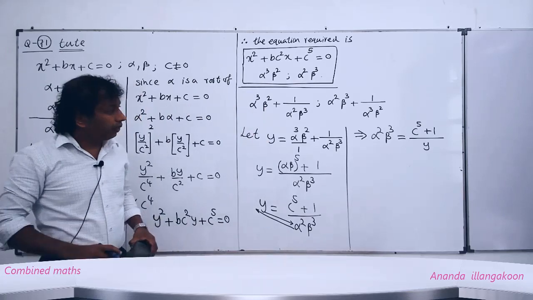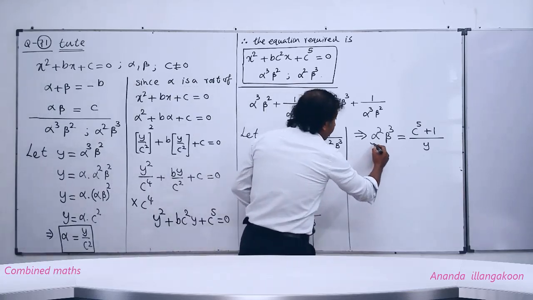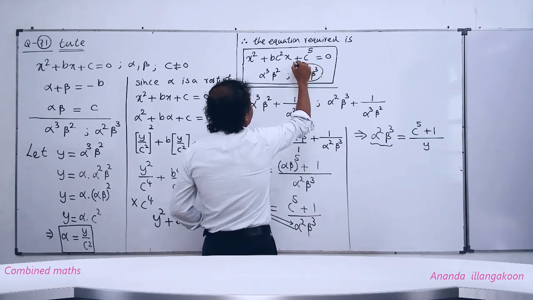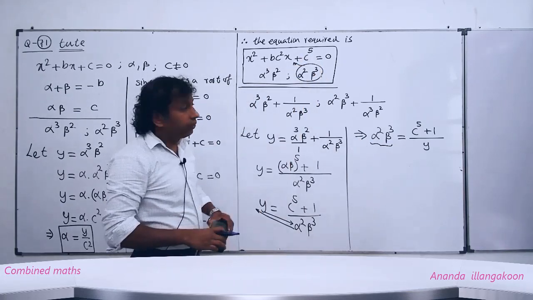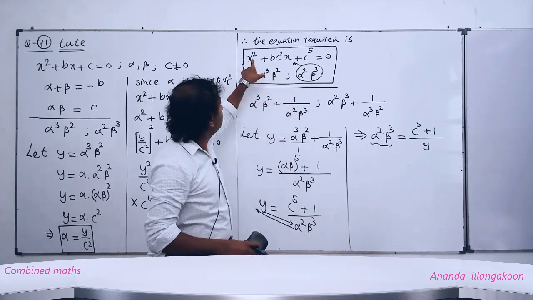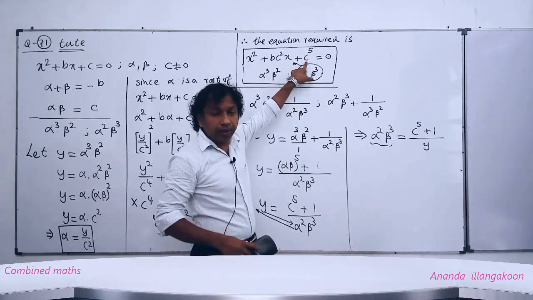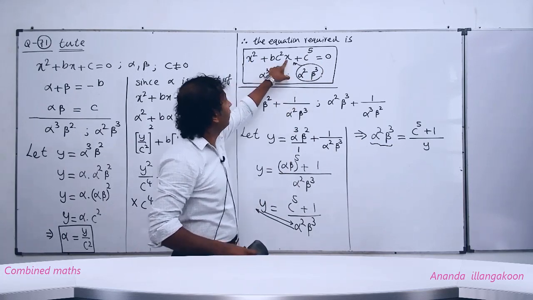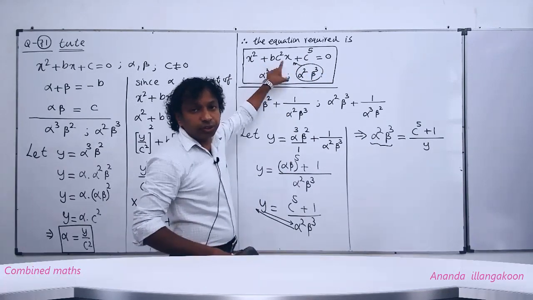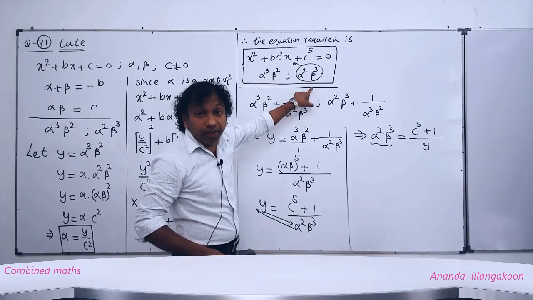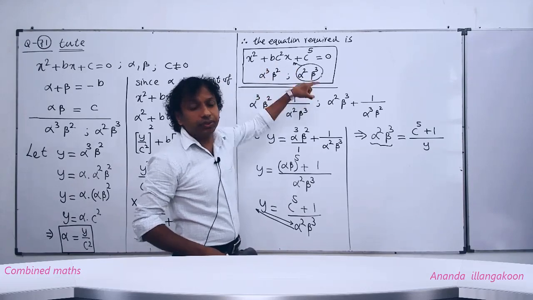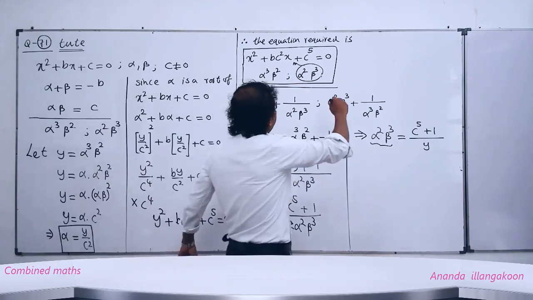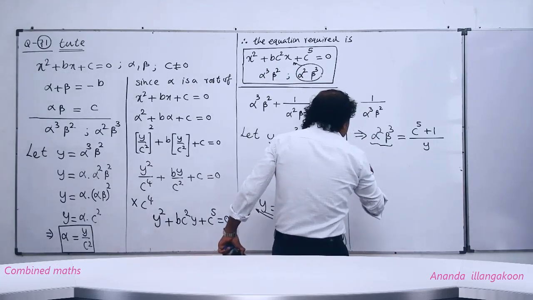Okay. Now this is a root of this equation, no people. Since this is a root of this equation, when you substitute this alpha squared beta cube for every x here and here, this equation must be satisfied. Why? Because this is a root of this equation. Okay, I write that like this.